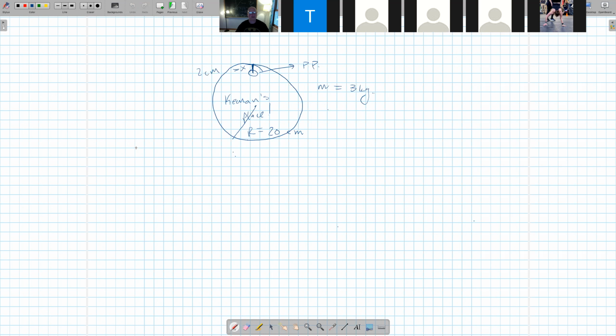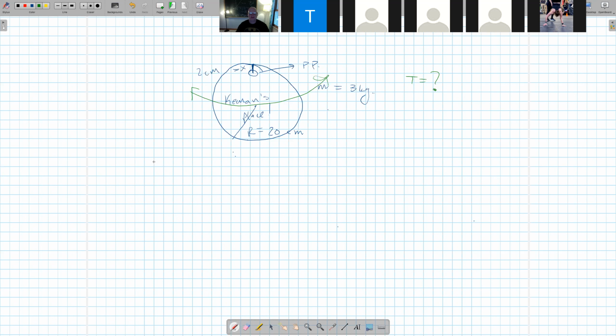So if a strong wind comes through, this thing is going to harmonically oscillate back and forth about some amplitude depending on the size of the wind. So what we want to know is, what's the period of oscillation of Keenan's bar sign?